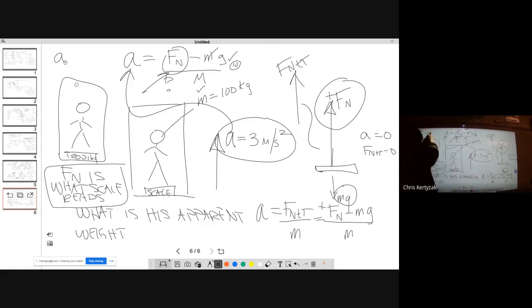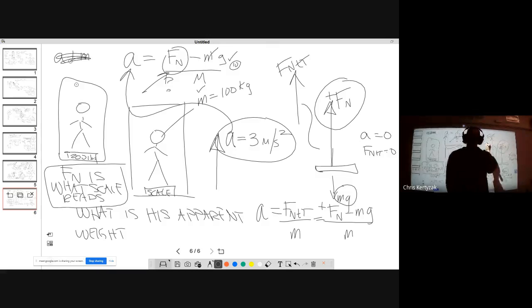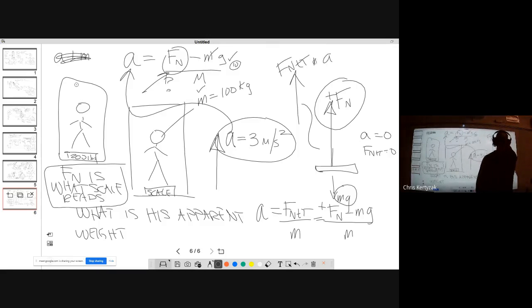Just multiply both sides by m. You get m times a over here, equals Fn minus mg. And then you would just move your mg to the other side.